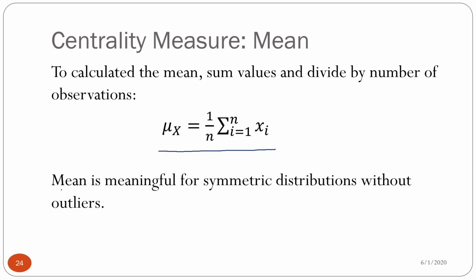Now, there is important information about the mean. The mean is meaningful when you have a symmetric distribution and do not have outliers. An outlier is a value which is far away from the remaining values.